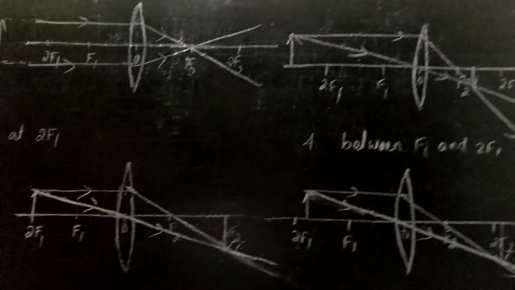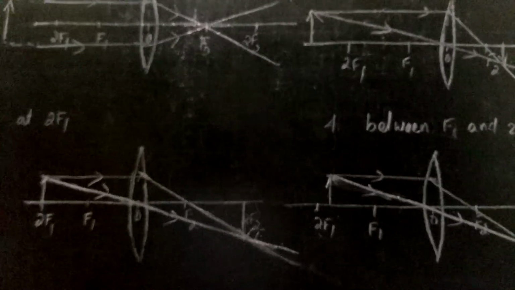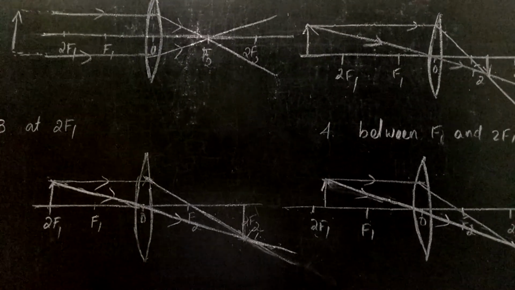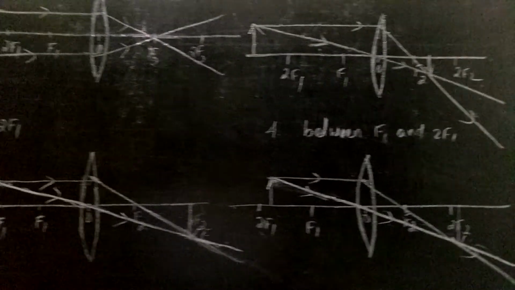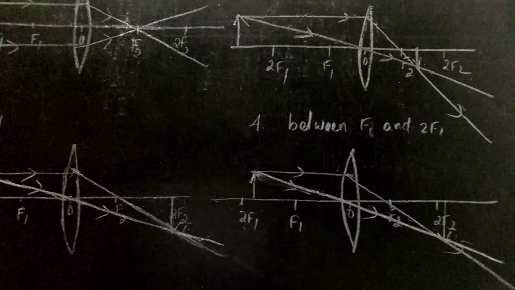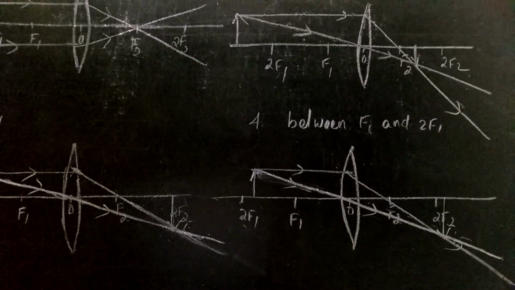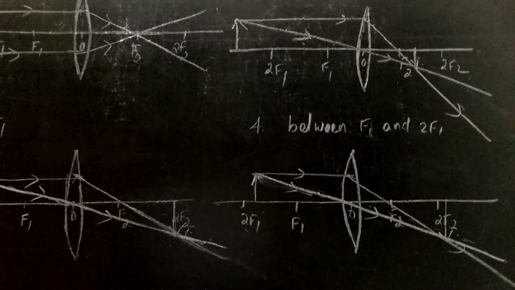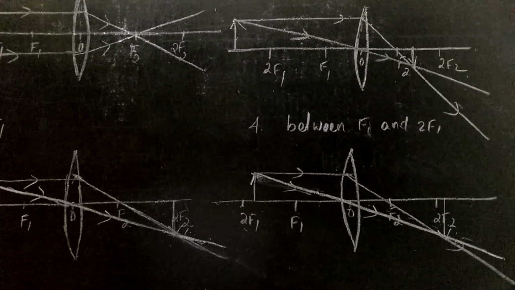Now when the object is at 2F1, image will be formed at 2F2, real, inverted and same sized. Then the fourth one, when the object is between 2F1 and F1, the image will be formed beyond 2F2 and it will be real, inverted and enlarged.